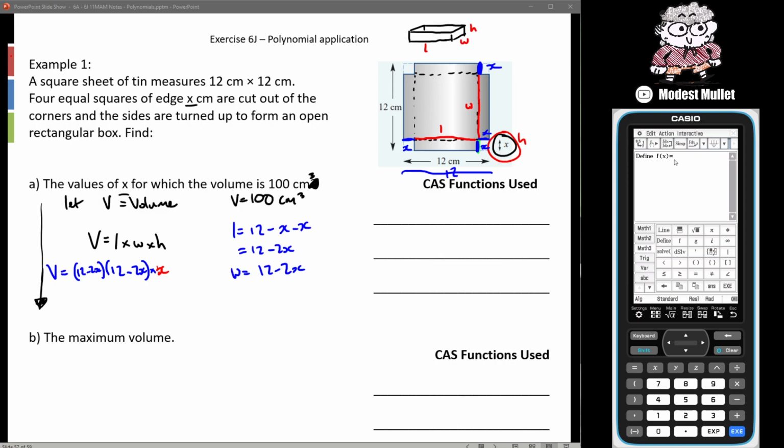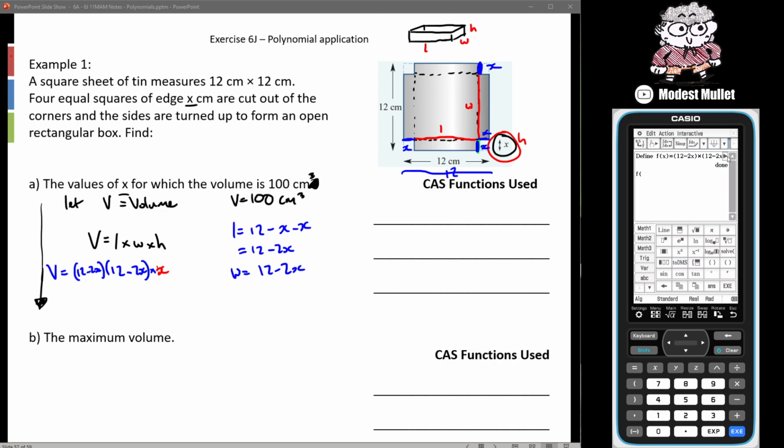Okay, so f of x is equal to, and we're going to go 12 minus 2x, bracket 12 minus 2x, and x. And what we should do to get in good habits is put a times sign in there, and a times sign in there, because sometimes the CAS doesn't interpret it quickly, and we can go done.